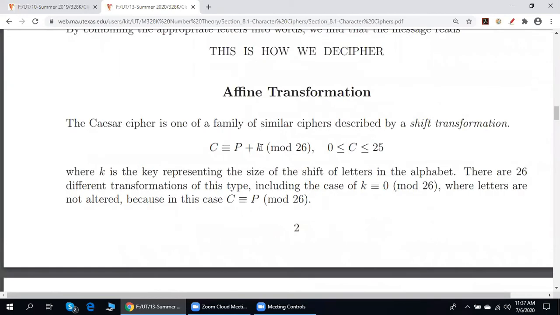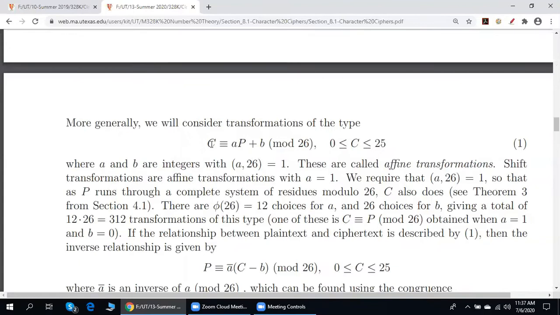For example, over here, if you know K, you will be able to both encrypt and decrypt. Similarly here, if you know A and B, you will be able to encrypt and decrypt.